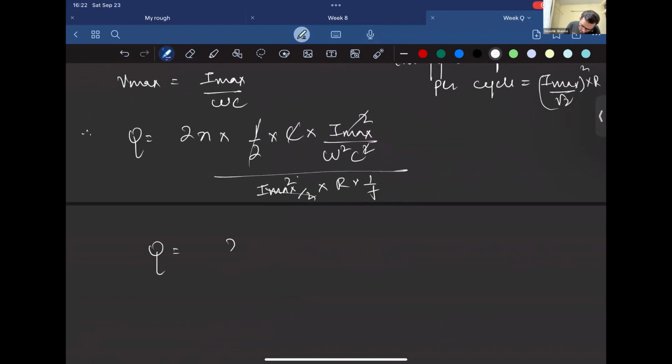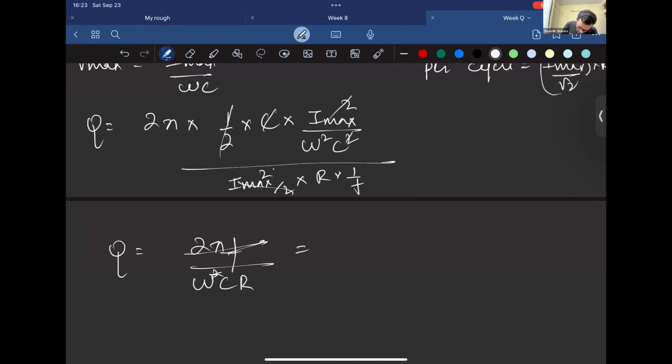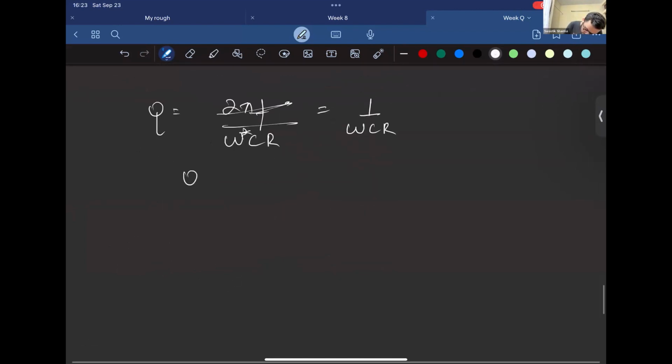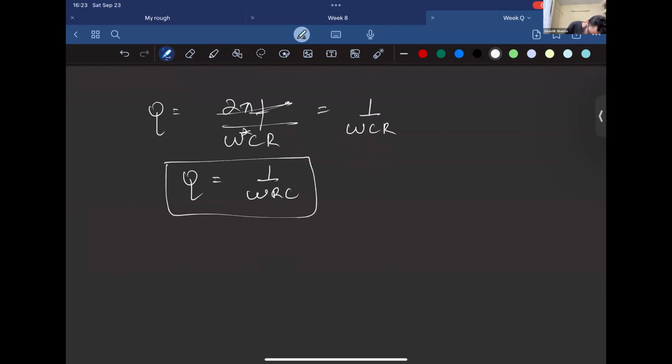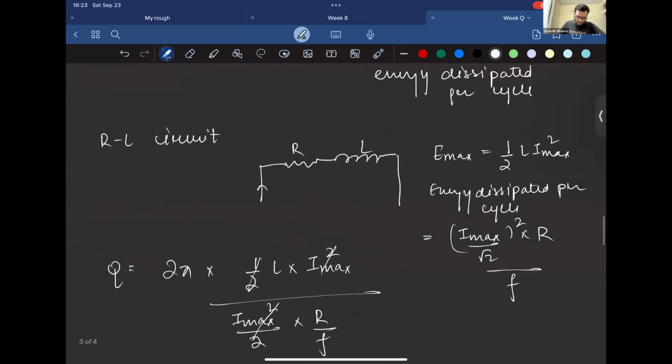What we are left with is 2 pi F upon omega C R square times C. So 2 pi F is omega, this would get cancelled with this. So this is 1 upon omega C R. Hence, for a series RC circuit, it's something like this. Okay, so we got both of these for the RL and RC circuit.